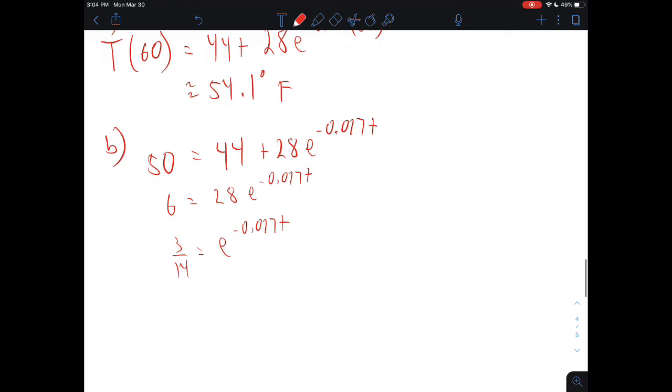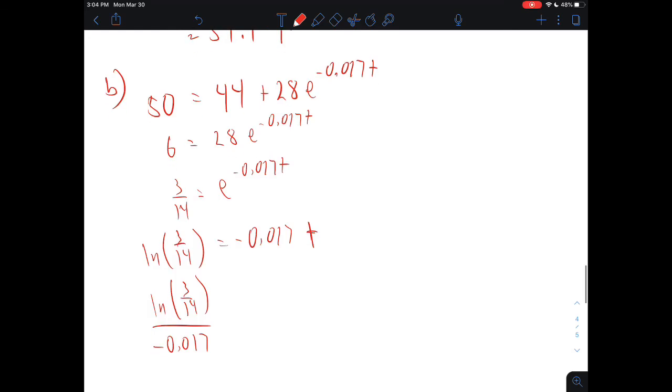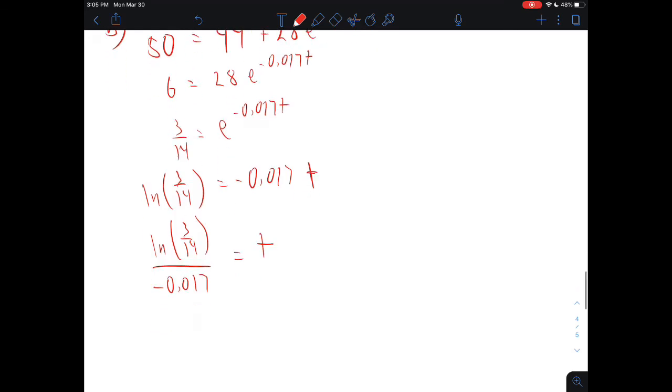Take the natural log of both sides, and then divide both sides by negative 0.017. So natural log of the fraction 3 over 14 divided by negative 0.017. Keep in mind that our answer is going to be in minutes, so this means approximately 90.614 minutes.